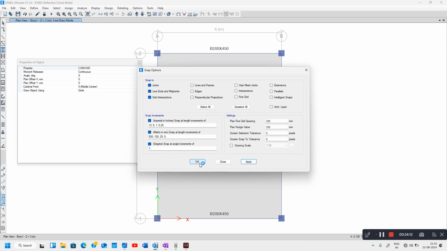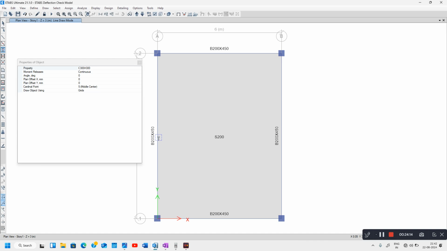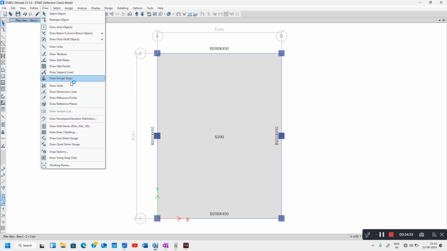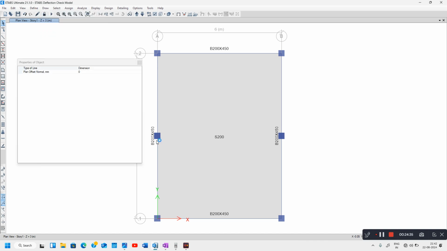Apply. See here, now it will indicate the midpoint. So I will introduce one column here, one column here. Now the span is divided into 4 meter by 4 meter. Let me check the dimension. See here, from here to here it is now 4 meter, 4 meter. So let me run the model.